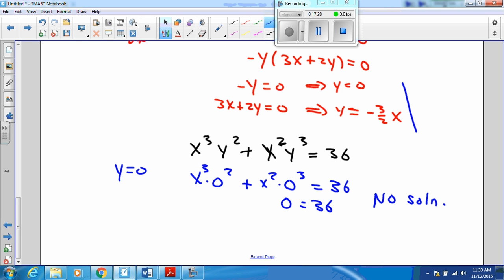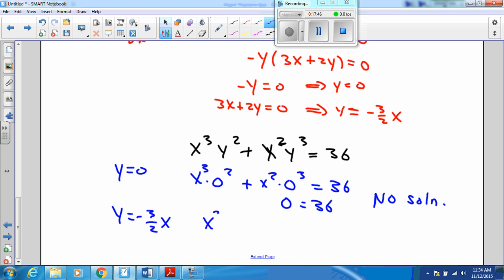And therefore, this corresponds to a spurious solution. I got a solution, but it's not really a solution because it's not actually on the graph. It actually corresponds to something else that I'll show you in just a second. Heidi's question, what does that mean, is a good one. But let's try the other one and see if it gives us something a little better. What if y equals negative 3 halves x?